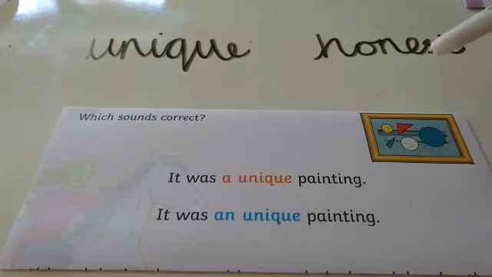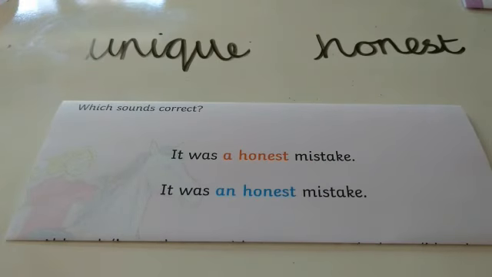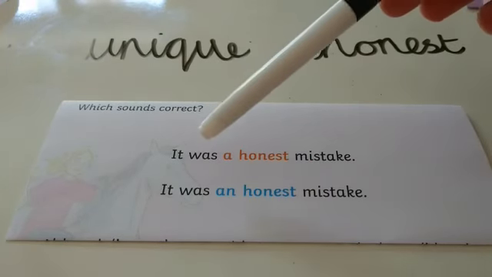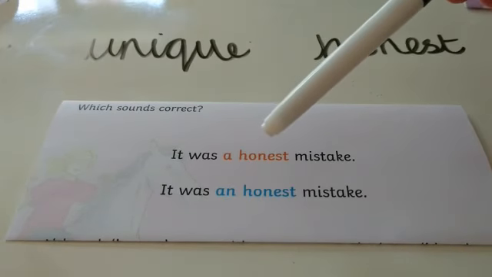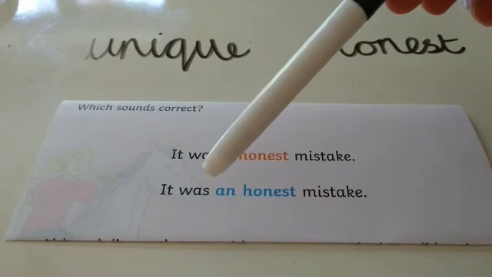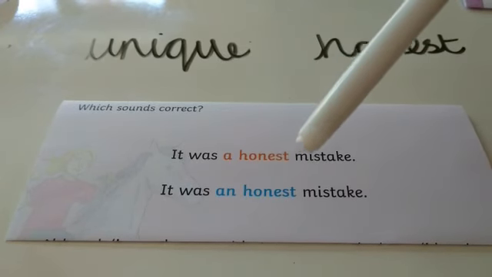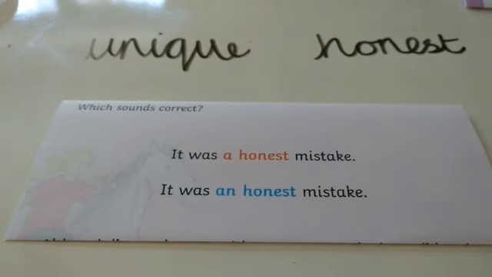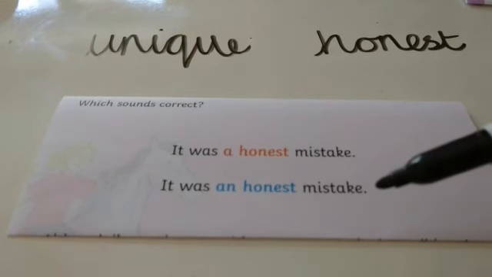Next, we're going to look at honest. Okay. It was a honest mistake, or it was an honest mistake. Say them through to yourselves a few times and see what you think. Which one sounds correct? Okay. The correct one is it was an honest mistake.